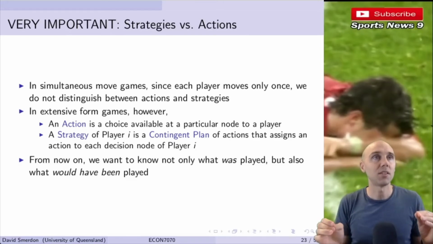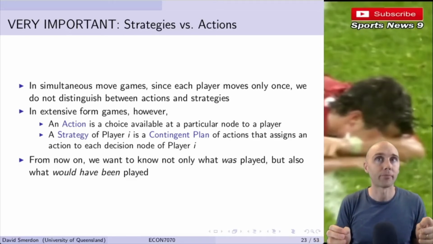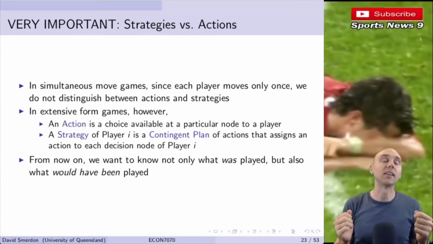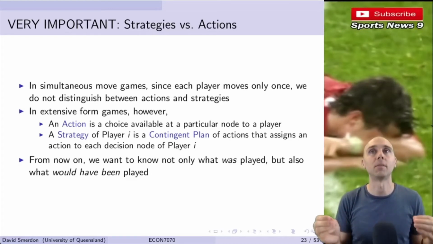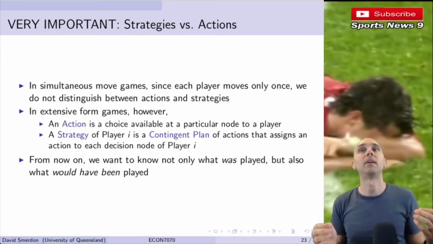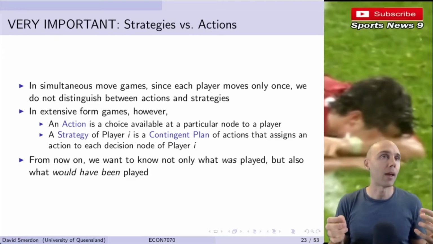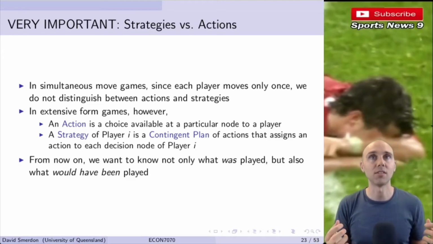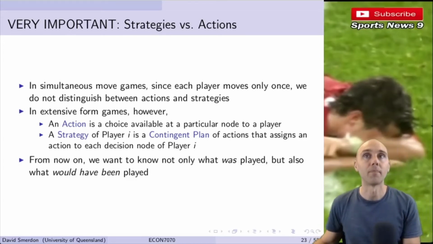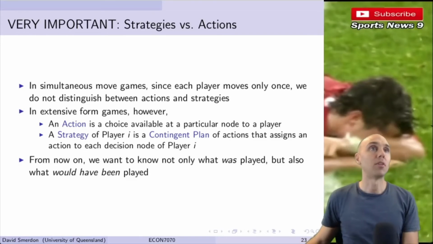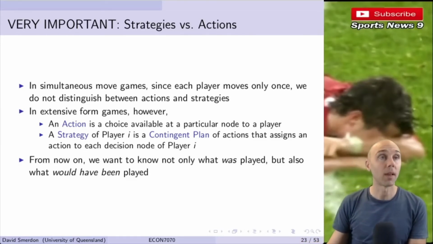So an action is a choice available at a particular node to a player, but a strategy includes these contingency plans. So it needs to be a plan or a set of actions that assigns an action to each decision node of player i. In other words, we don't just want to know what was played in the game, but we also need to know what would have been played.